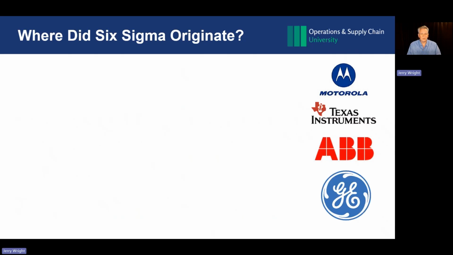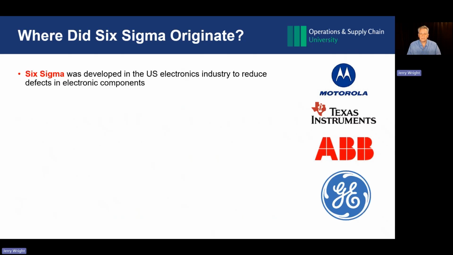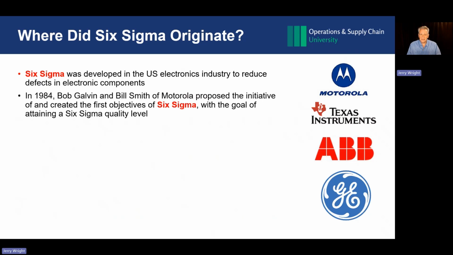Now, where did Six Sigma originate? Now, I'm going to show you some company logos over here. Six Sigma was developed in the US electronics industry to reduce defects in electronic components. Back in 1984, Bob Galvin and Bill Smith, who both worked at Motorola, proposed the initiative of and created the first objectives of Six Sigma, with the goal of attaining a Six Sigma level of quality.